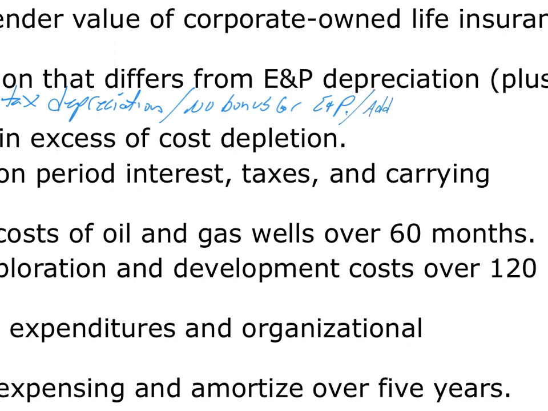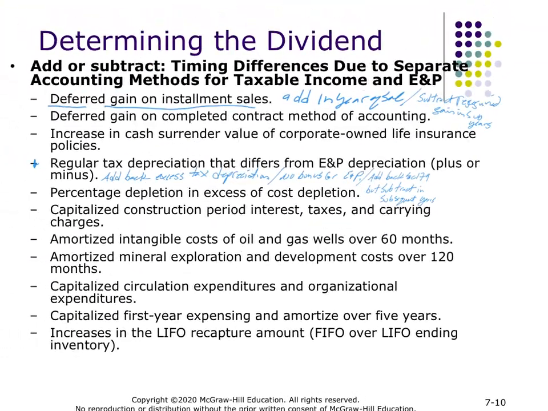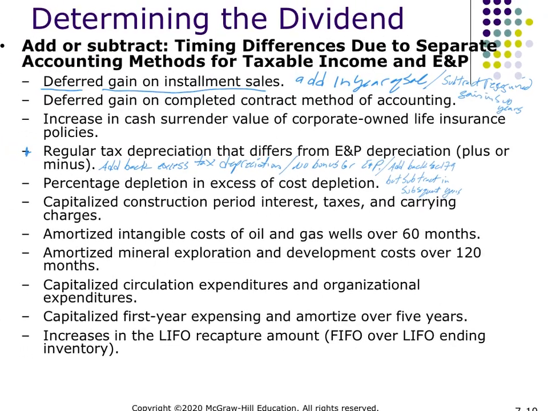So add back Section 179, but subtract in subsequent years. So remember, for tax purposes, you get to fully depreciate, right, items with Section 179. But for E&P, there's no immediate expensing. It's a 5-year expense situation, okay?